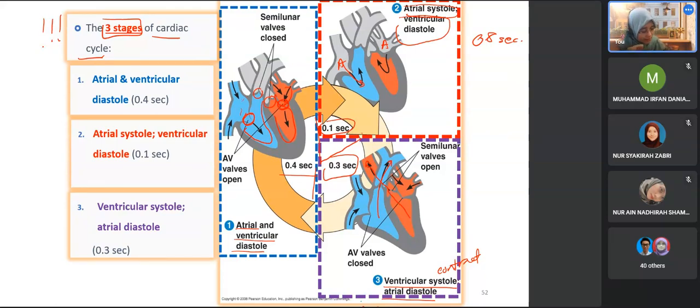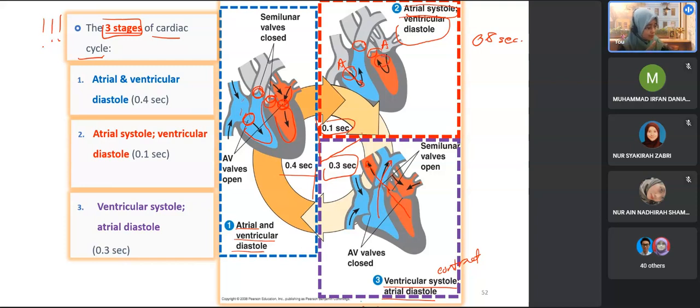But the semilunar valves are closed. Sebab apa? Dia nak kumpulkan darah semaksimum mungkin dalam all these four chambers. Kumpul dulu darah. So AV valve open, semilunar valve closed. At the second stage, you will observe that the semilunar valve still remains closed and the AV valve still remains open.